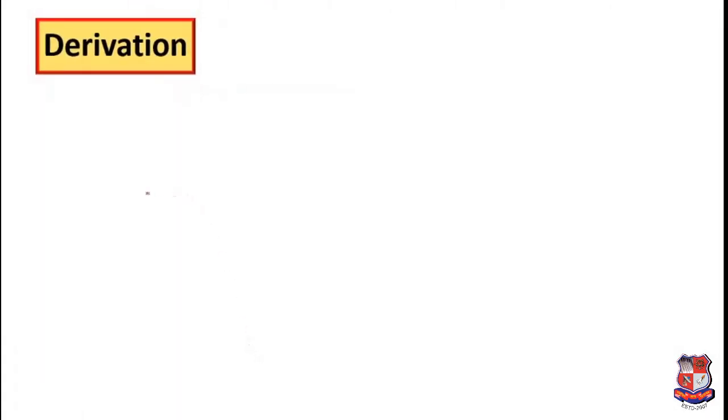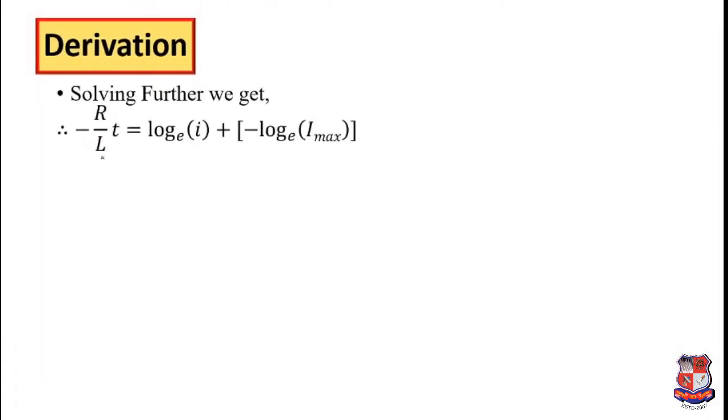So you will get minus R by L into t equals log I minus log I max. Now this is a difference of two logarithmic terms, so they will be divided, giving log of I by I max.